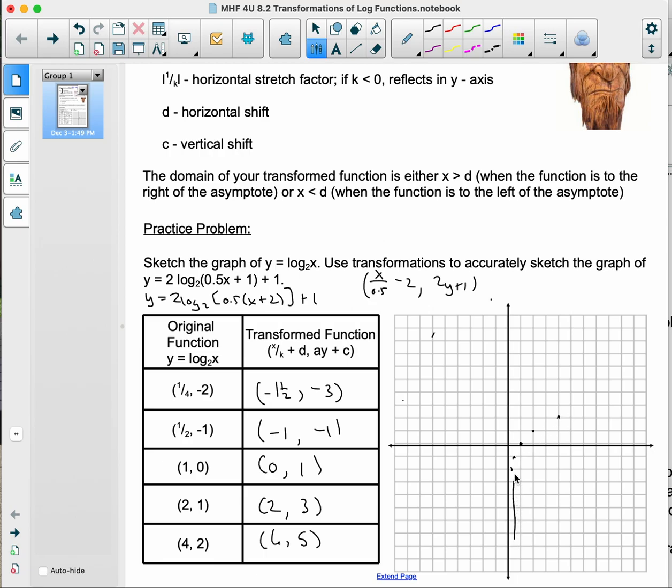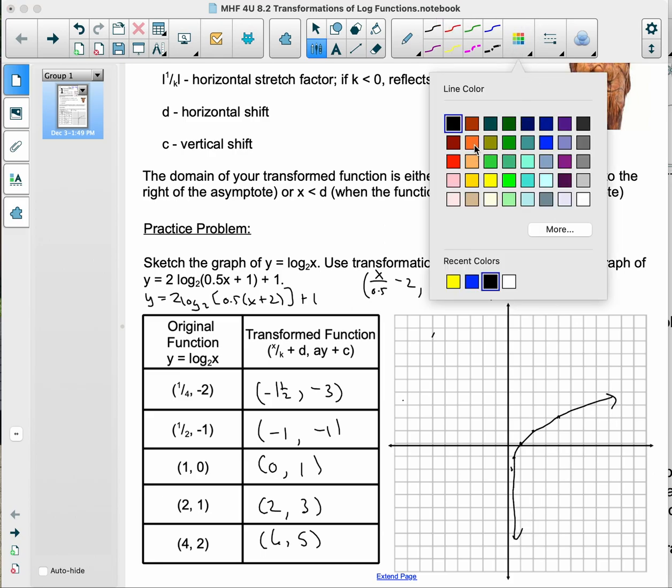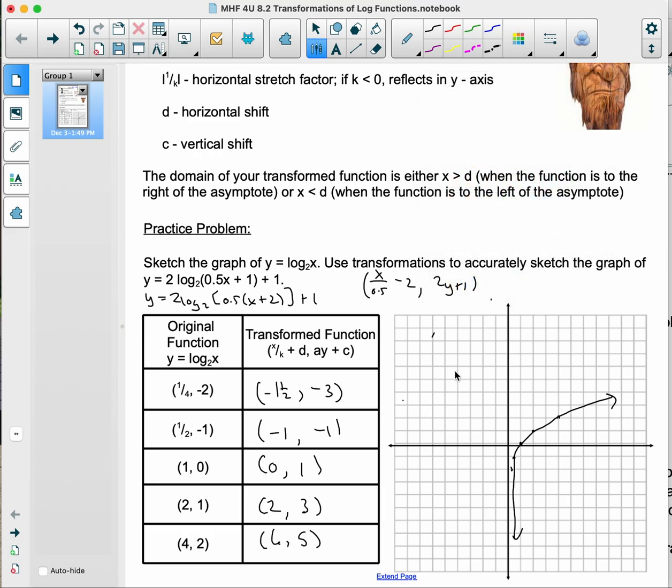There is my original function in its poorly drawn state. Then I'll use a different color and do my transformed function.